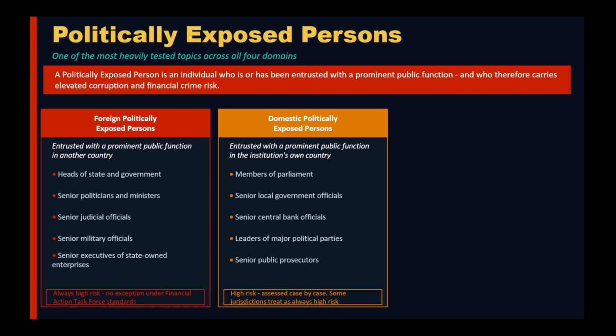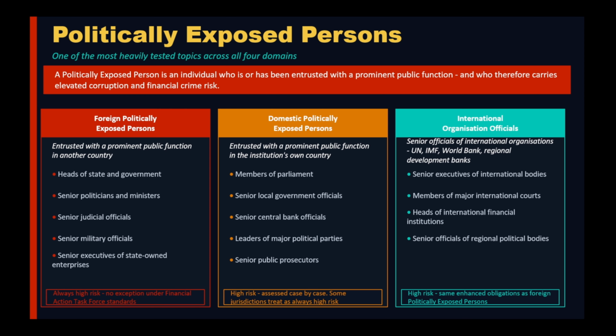The risk treatment of domestic PEPs is assessed on a case-by-case basis in some jurisdictions, but many national frameworks treat them as always high risk. Let's look at international organization officials. Senior officials of international organizations such as the UN, IMF, World Bank, regional development banks, and major international courts. These individuals carry the same enhanced due diligence obligations as foreign PEPs.